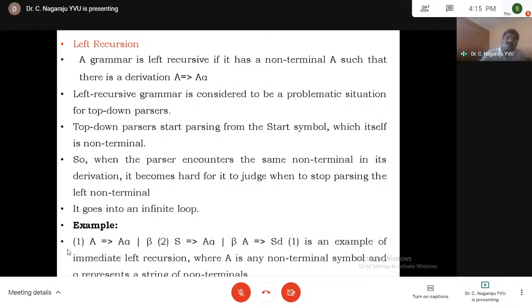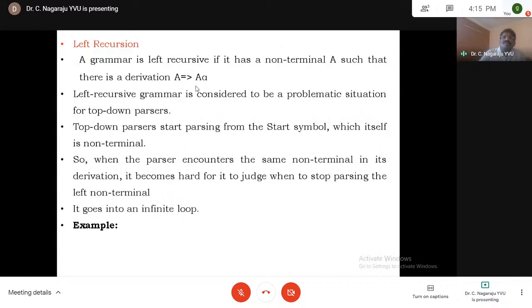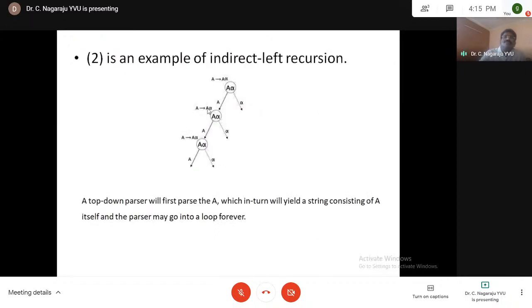For example, suppose A can have the form of A B or something like this. You see the grammar is an example of indirect left recursion. For the previous case, we have taken A tends to A alpha. Here A alpha is the root.